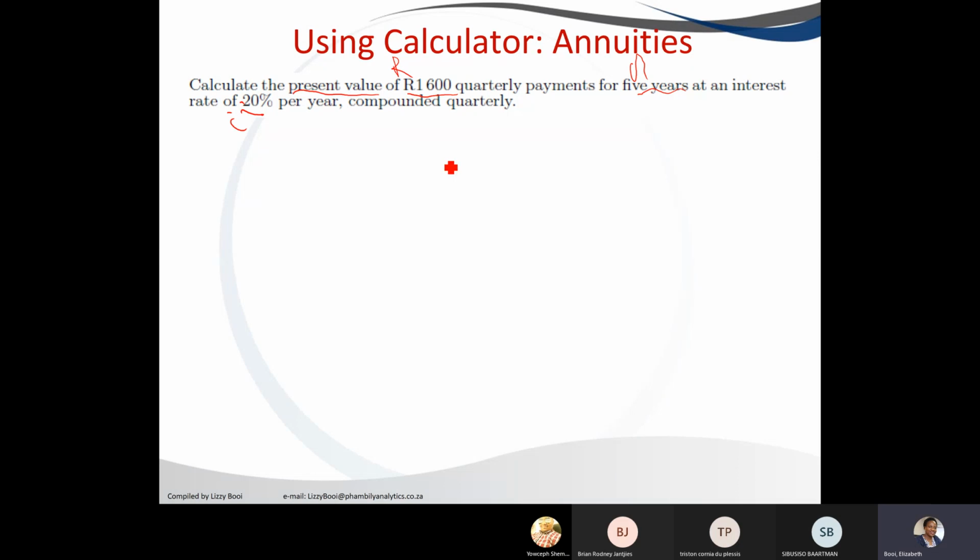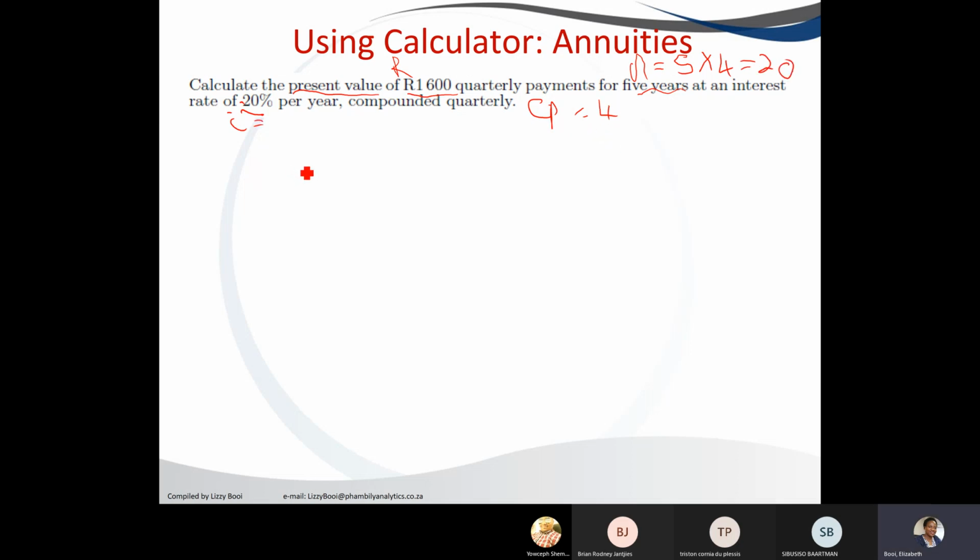And it is compounded quarterly, therefore your compounding periods are equal to 4. Since I know that my compounding periods are equal to 4, we can then calculate our period by saying 5 multiplied by 4, which is equal to 20.